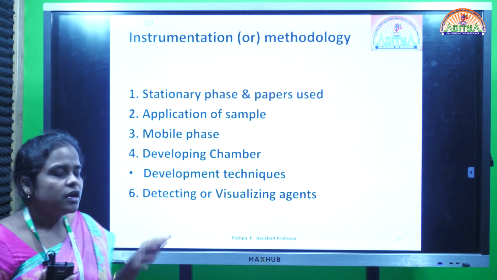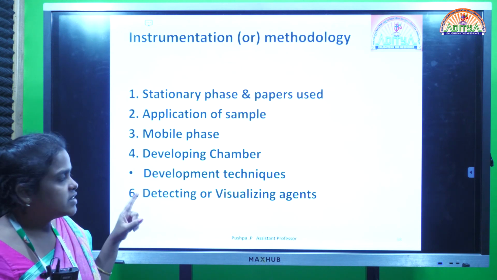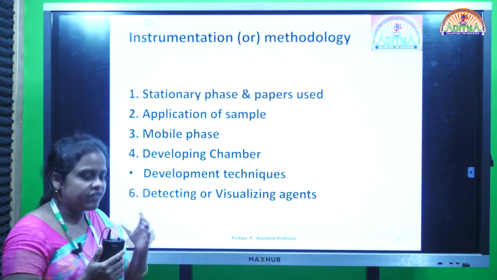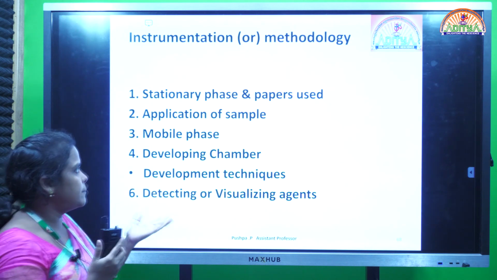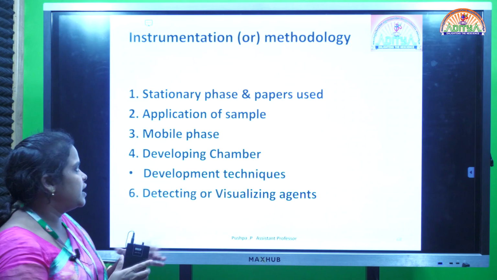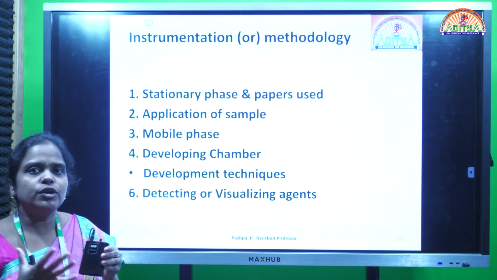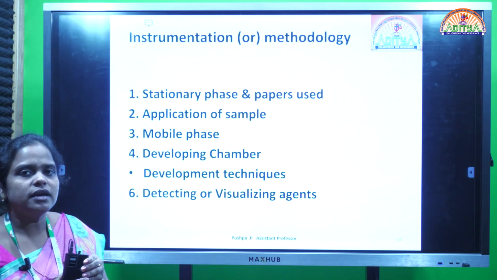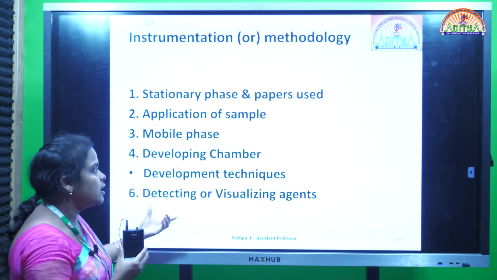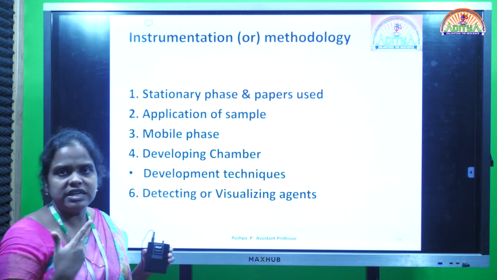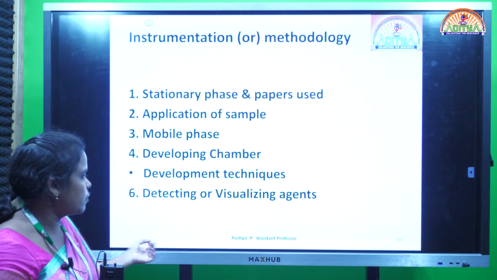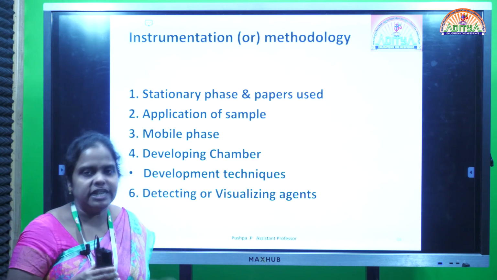After taking that paper, we have to apply the sample, and then keep it in the mobile phase, and then start the development technique. That's why we need the developing chamber. There are four types of development techniques, which we will discuss later when we come to that topic. And finally we have to do detection.